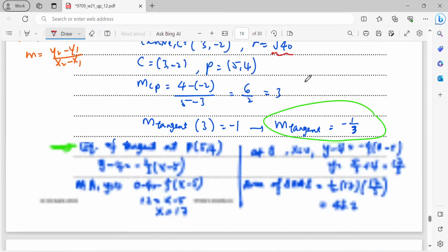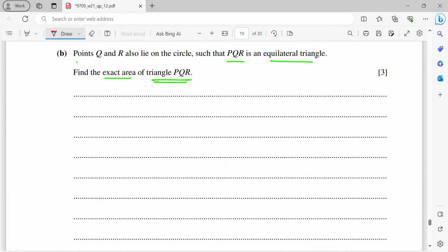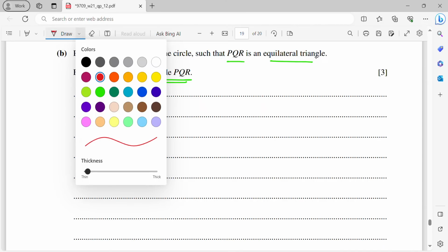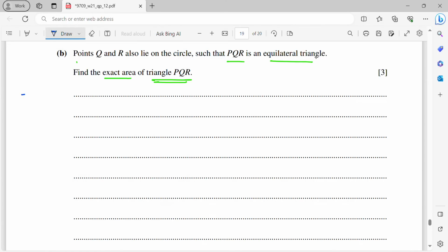Okay, so I'm going to draw the circle here. Then it will be better. Let's say this is a circle.